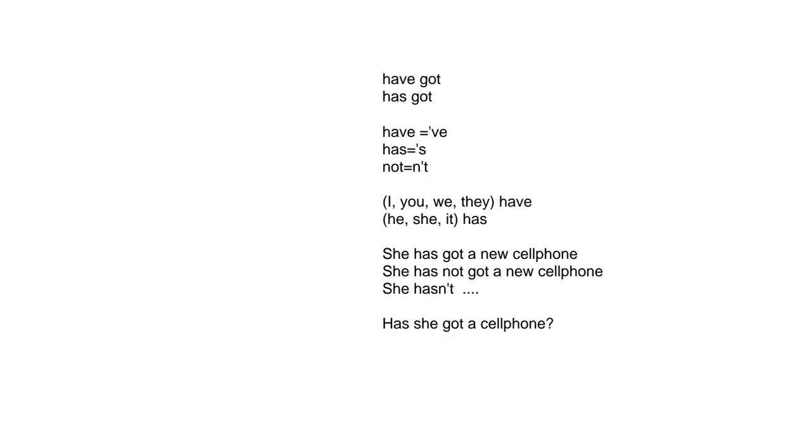I think your teachers used to tell you that المقص أو عكس الترتيب. So you will do it this way. Has she got a cell phone? The answer will be either yes or no. So yes, she has. No, she has not.